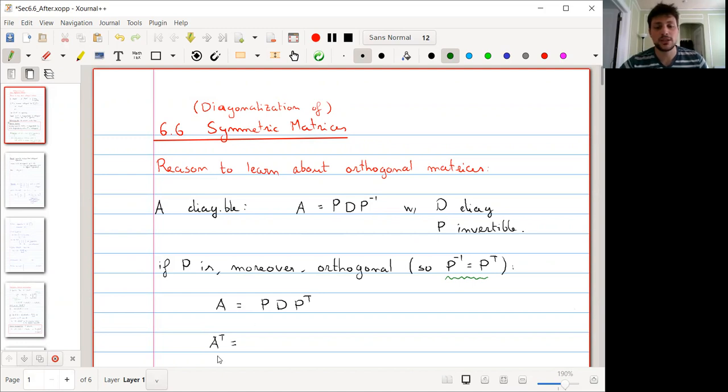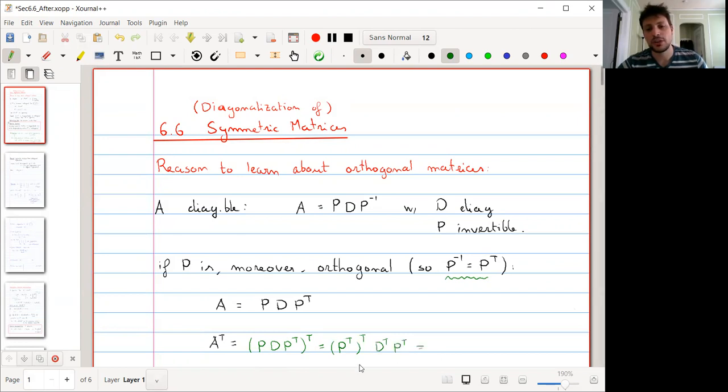Well, we can look at the transpose of A, which is the transpose of PDPT, because A is PDPT, because PT is P inverse. When I transpose this, I have to transpose everything and switch the orders. So I get PT transpose, D transpose, P transpose.